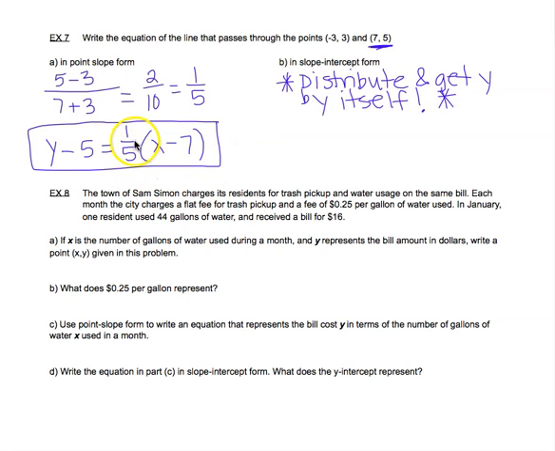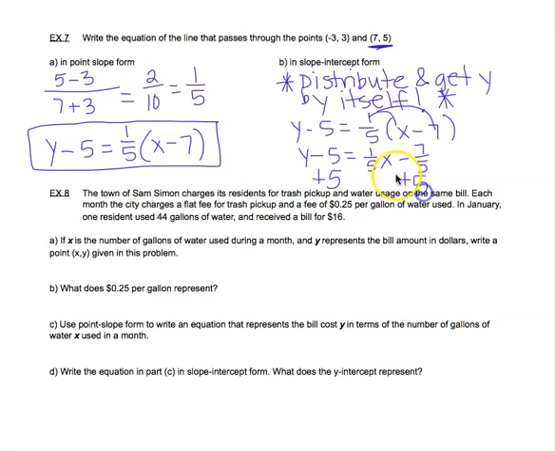So, distribute, I'm going to rewrite it here. Distribute here, so that gives me 1/5 x minus 7/5, and then get y alone, so I distributed. Now I get y alone by adding 5 to both sides.